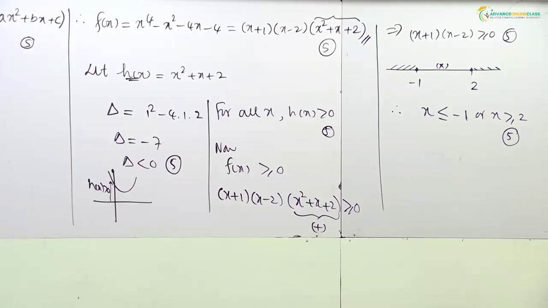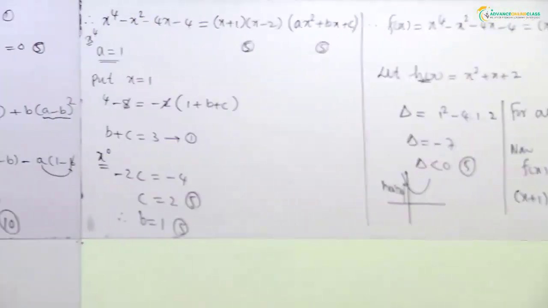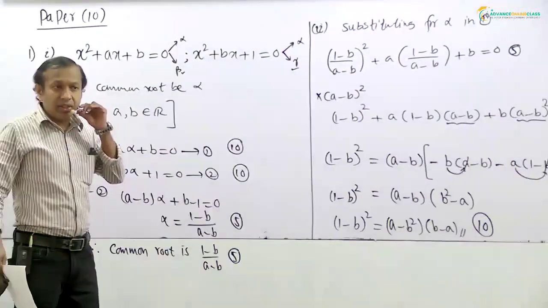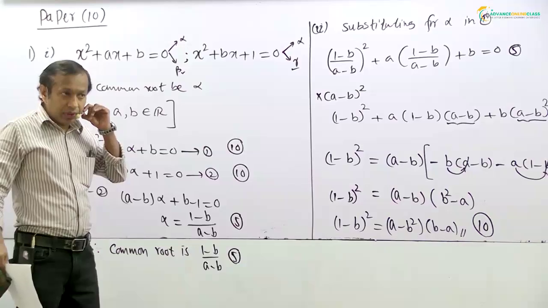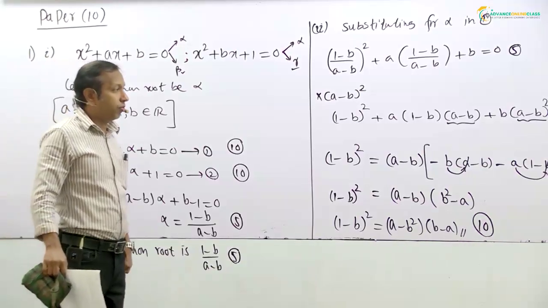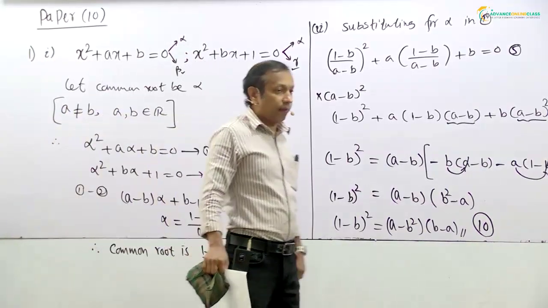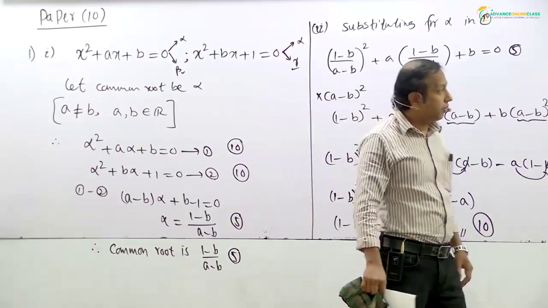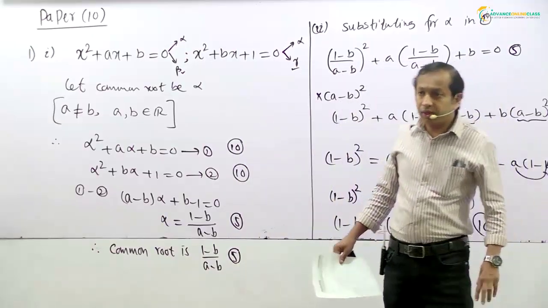The 2024 paper was very easy, but the 2025 paper will be a little bit complicated. According to experience, that's usually the behavior of the paper structure. If the paper is moderate one year, next time definitely it will be a tough one. So in order to face those kinds of questions, doing this type of question will be really good.